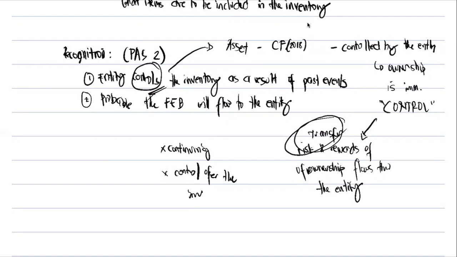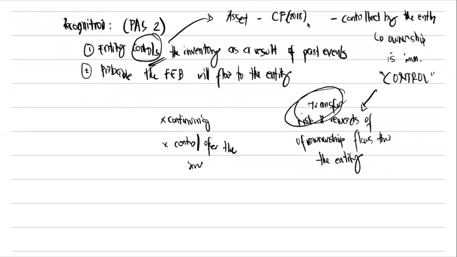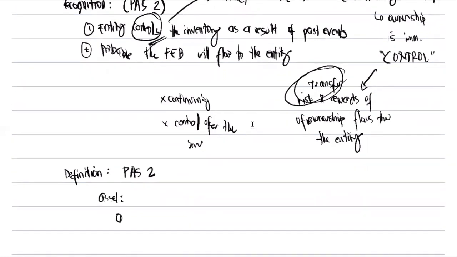Now, after knowing the recognition, we go to the definition. How do we define inventory? Inventory is defined under PAS 2. Under PAS 2, inventory is an asset which is held for sale in the ordinary course of the business.